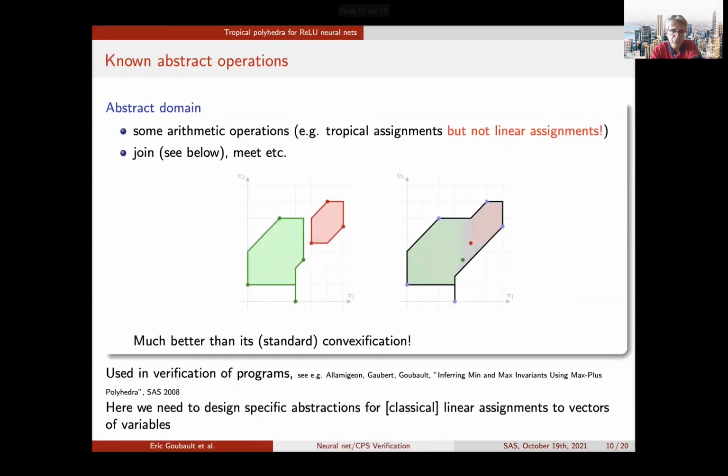So, of course, we had this tropical abstract domain, which we used for program analysis for dealing with arrays, basically. So we have join and meet operations. You can see a join of two tropical polyhedra here, but we have to design a specific abstraction for classical linear assignments for dealing with these linear layers, which are actually non-tropically linear in our tropical framework.